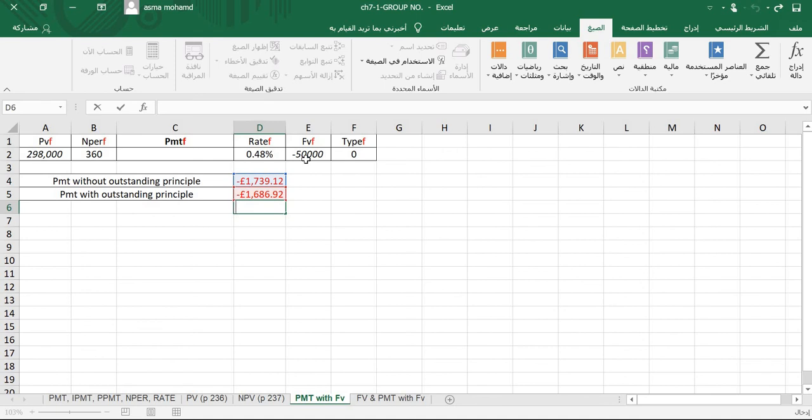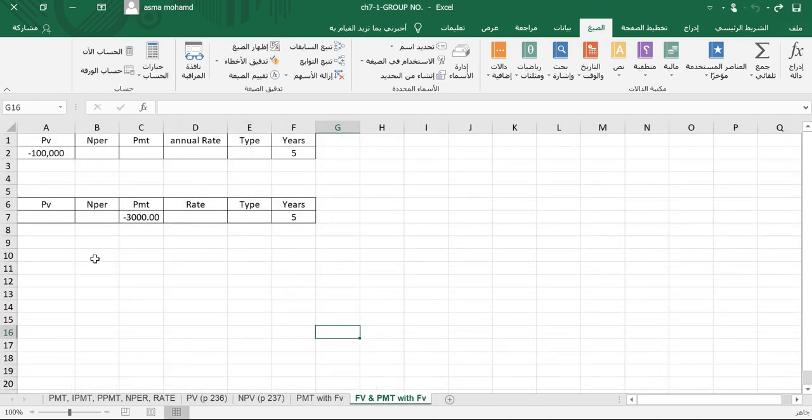So you choose. Now the last thing is the future value. The future value is very helpful if you want to think how much you will get if you invest your money. Suppose you are going to invest 100,000 riyal and you're going to invest it in 5 years.